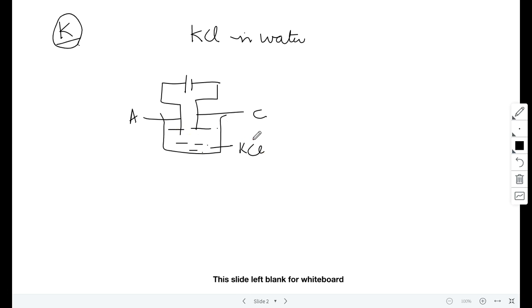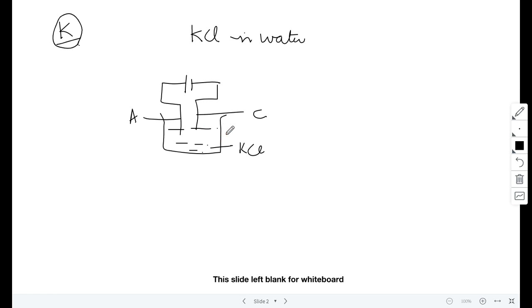So now the question is, the student expected to see potassium metal at the negative electrode, but instead saw bubbles of gas.